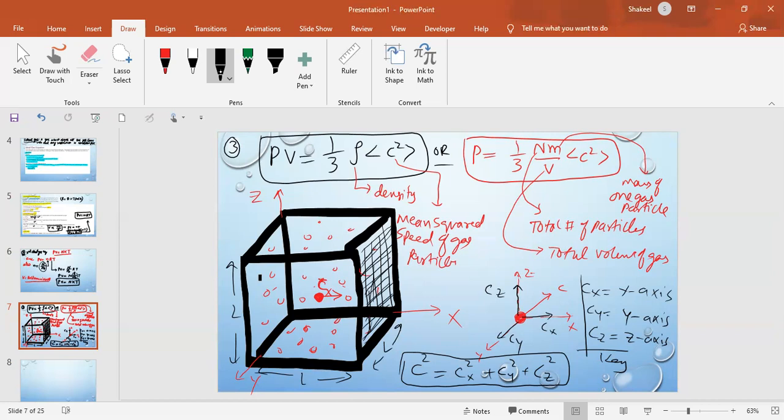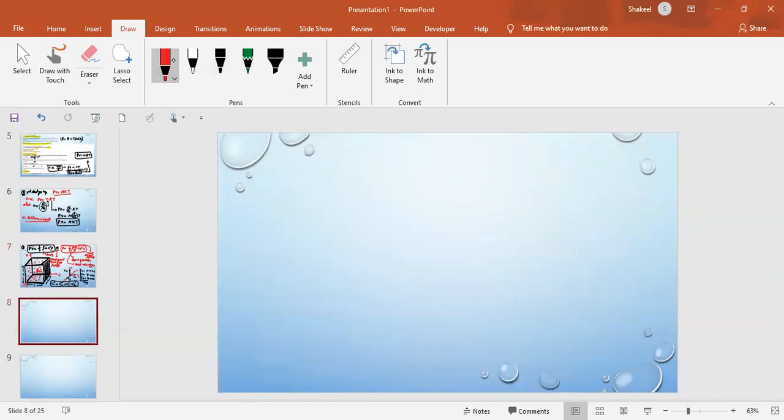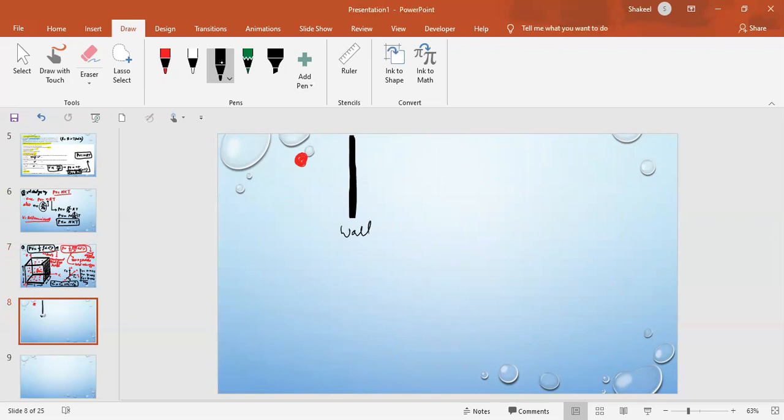So let's say this gas particle is going to hit this wall. This is the wall, and this is the particle, moving along the x-axis, so its component is cx. We are taking the motion of the gas particle along the x-axis only.